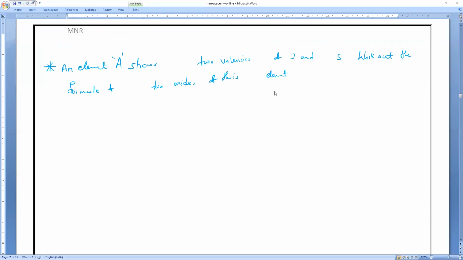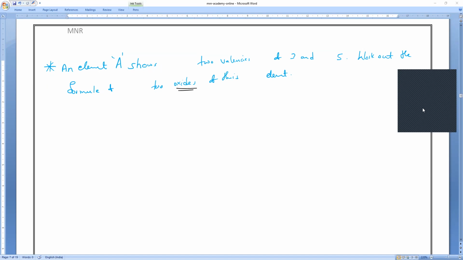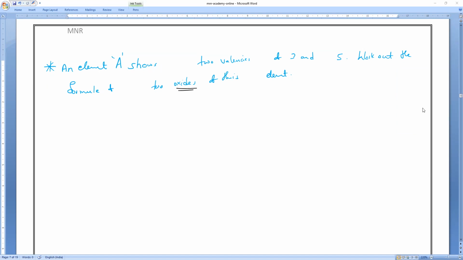So an element A is having two valencies, and with oxygen you can try. We know oxygen always remains constant. What is the valency of oxygen? Oxides they are asking. Oxides means what? O2 minus. Yes, that is fixed.